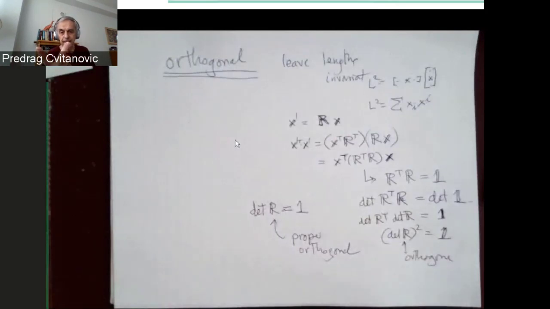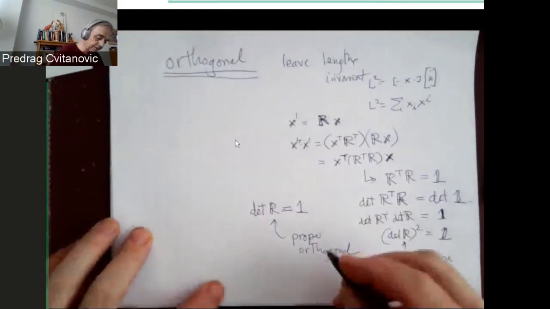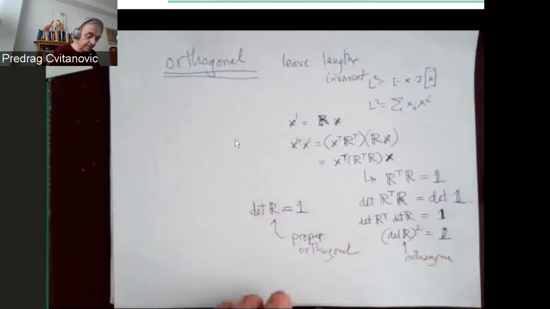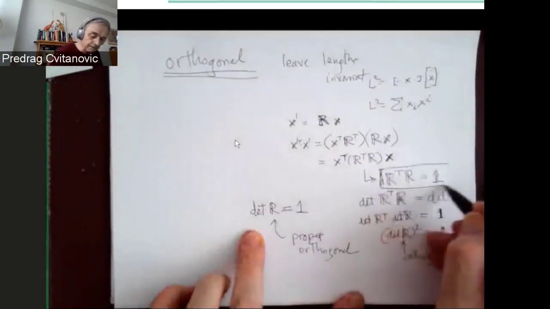And if you rotate this, nothing happens. But if you invert the order of them, you can get the same area with the minus sign. So that's what the other minus is doing. So you have to distinguish the two cases. So that's orthogonal. And the main thing is that the transpose is the inverse.